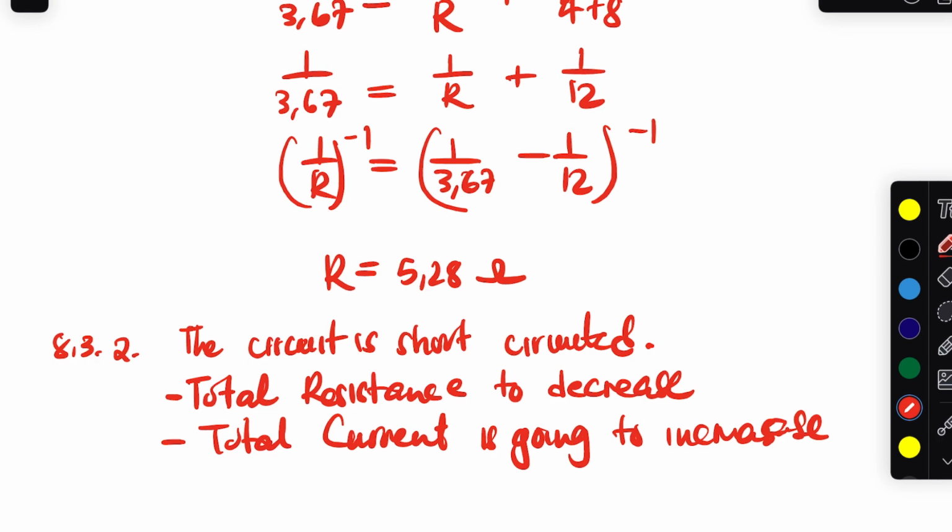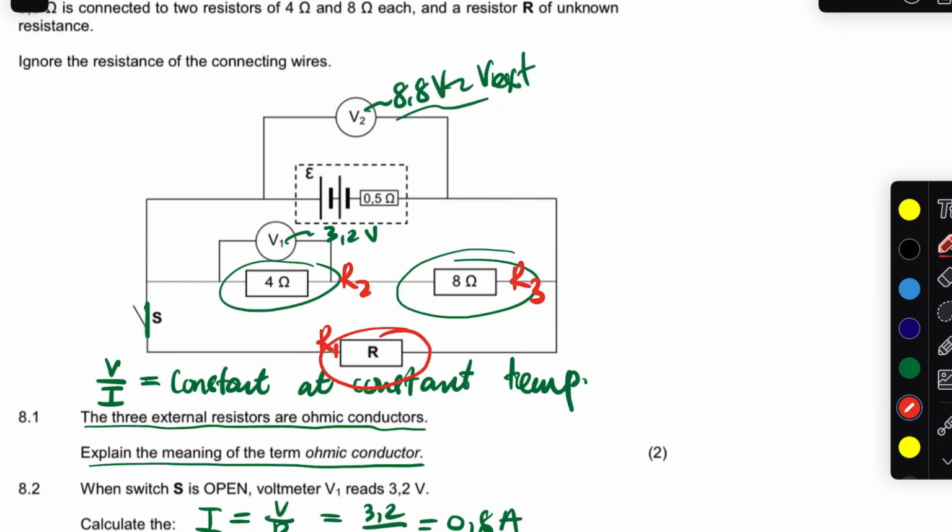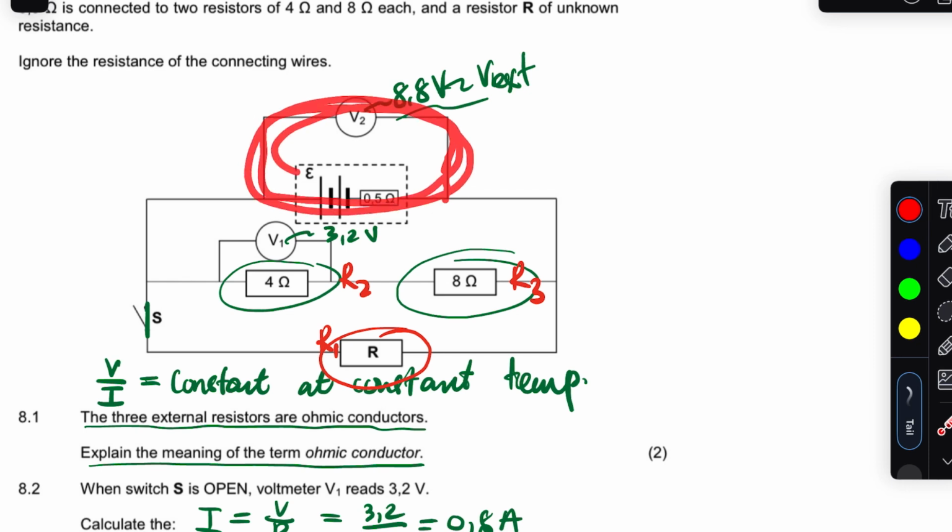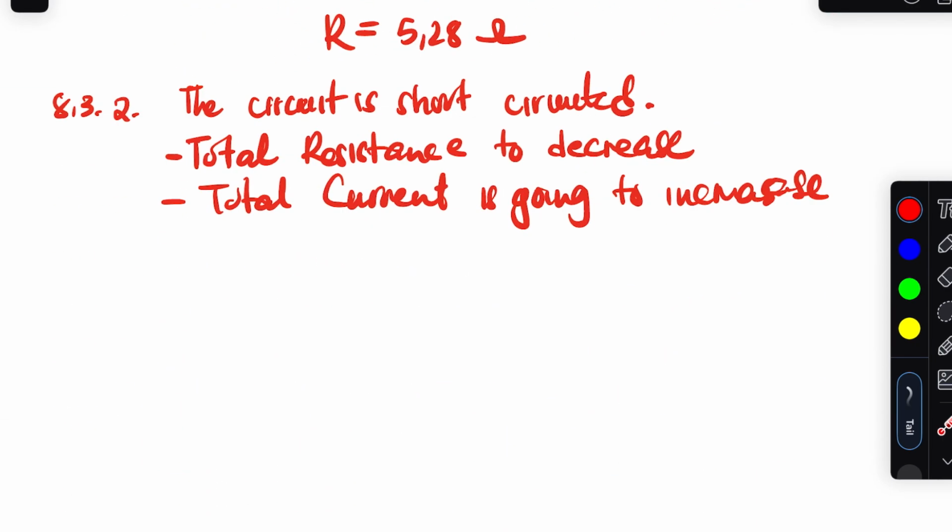So the battery here is going to receive a greater current, a maximum current. That's why it is going to be heated. So if that's the case, we know the relationship between the current and the resistance: they are inversely proportional.